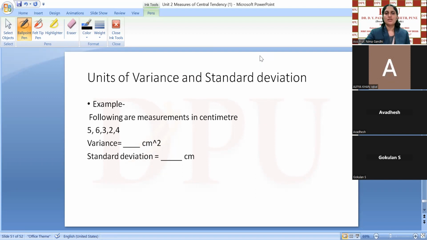So your variance is 2 centimeters square, and standard deviation is 1.41 centimeter. Ananya, check your answer. The answer is 2 and root 2.